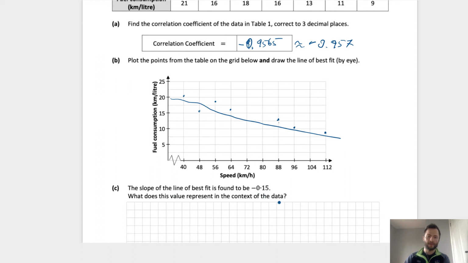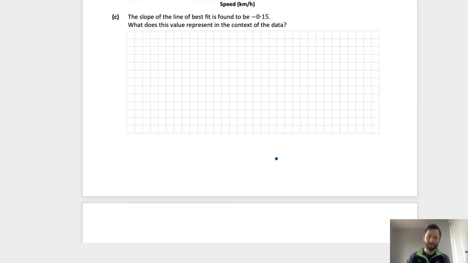What it says is that fuel consumption, expressed in kilometers per liter, is going down, which tells me that a lower number of kilometers is traveled per liter of fuel as the speed increases.